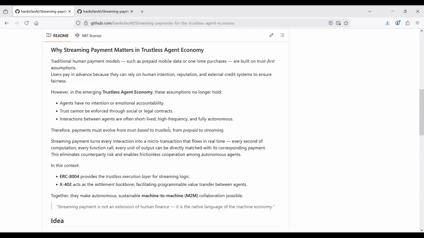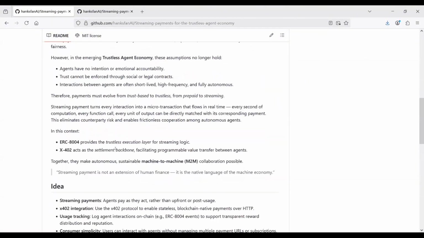So the method needs to change from prepaid to streaming. That's the reason this streaming payment is the native language of the agent economy.